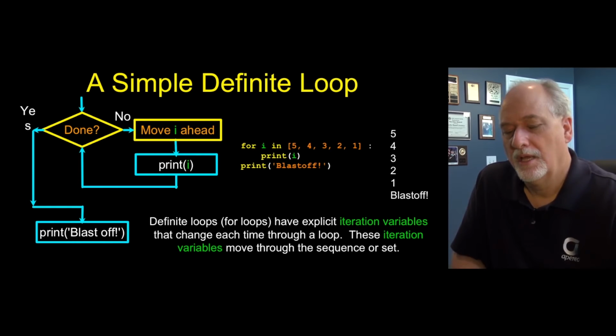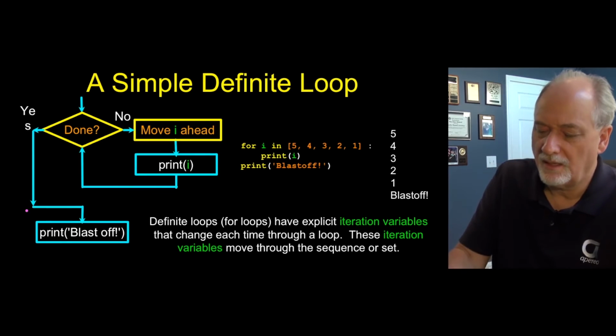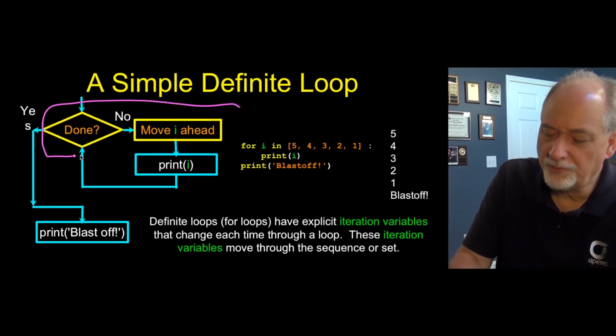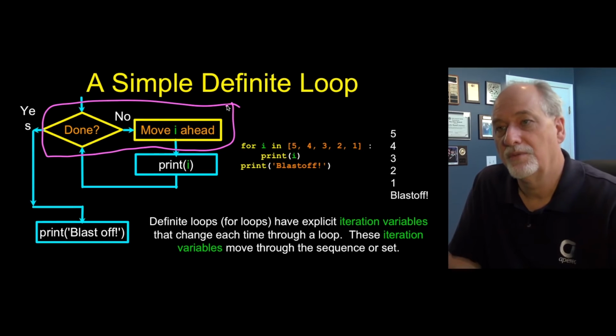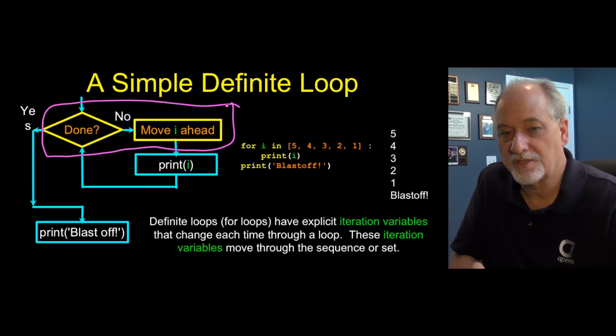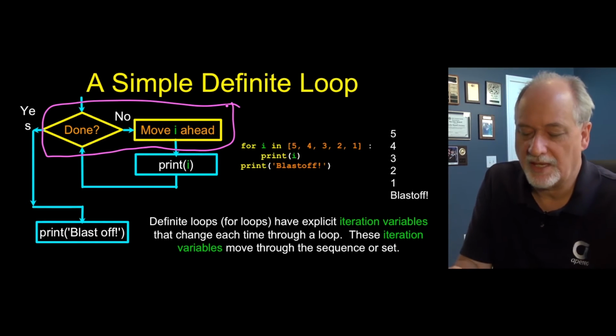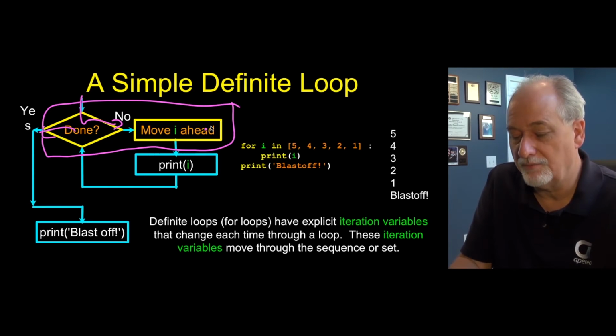So if we try to draw a picture of what this is really doing, the for loop is doing a whole bunch of stuff that we would have to do with separate statements in the while loop. First, it decides how many times to run the loop, so it's answering the done question, which way do we go, and it is also moving i ahead.